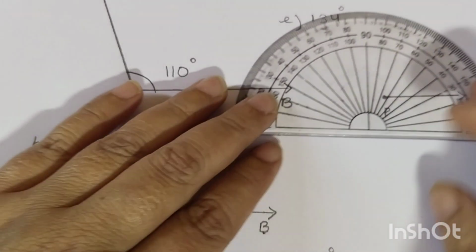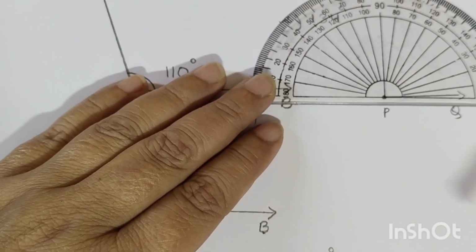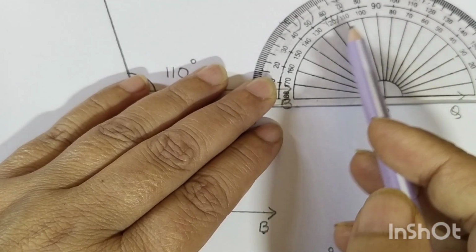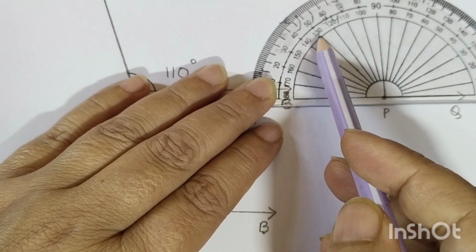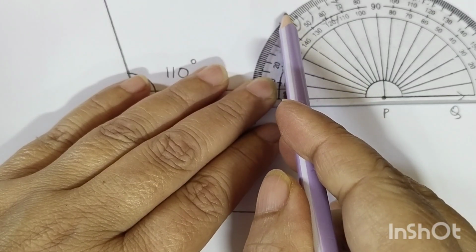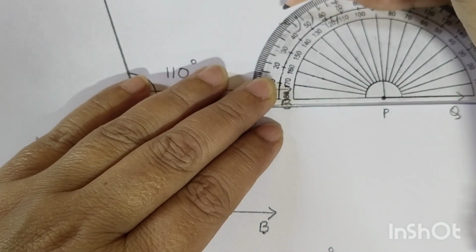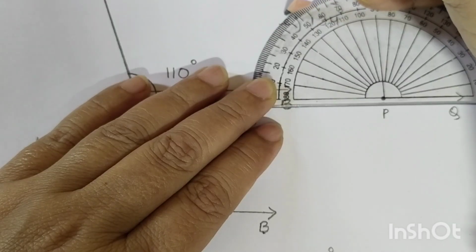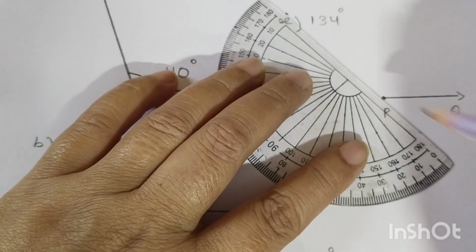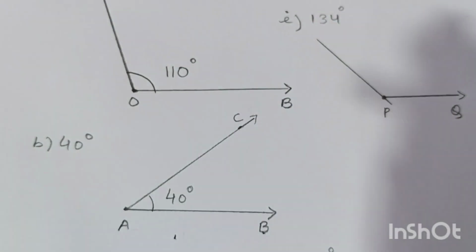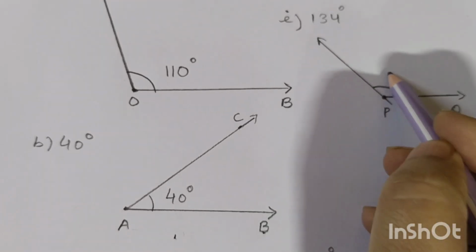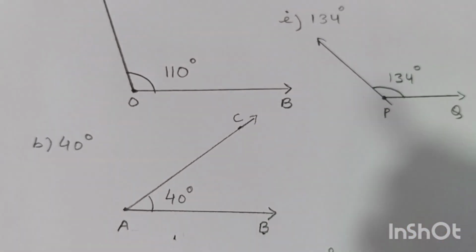Place your protractor, middle of the protractor on P, zero line on PQ. Starting from 0, mark 134. This is 130. This is 135. What about 134? Here comes 134. Join these 2 points like this. This angle is of 134 degree, right?